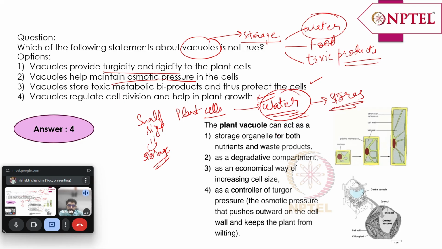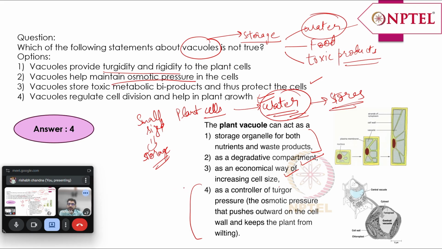So it has storage for both nutrients and waste products, and is a degradative compartment. If the vacuole stores water and increases the water content, then the size of the vacuole increases, and so does the size of the cell. It helps in maintaining osmotic pressure inside plant cells, because plants need to transport water from one part to another.